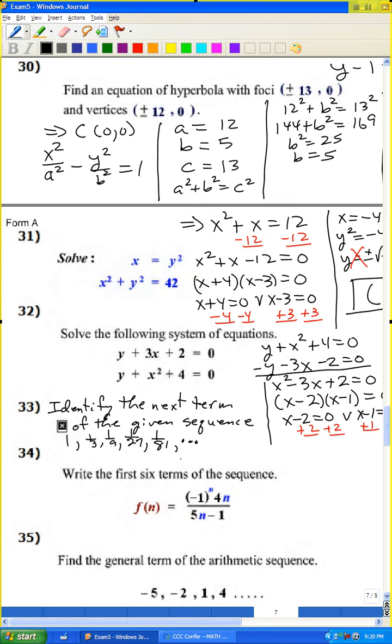Okay, well, notice that we keep multiplying by 1/3. So 3 times 81 is 243. So the answer is 1/243 is the next term in the sequence.